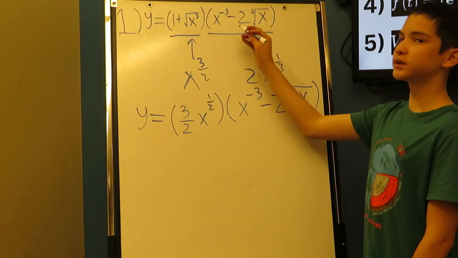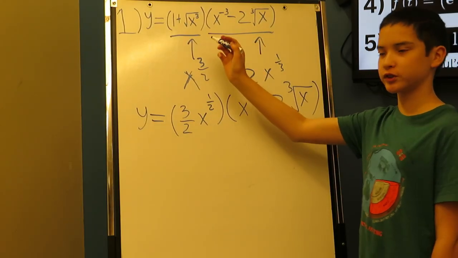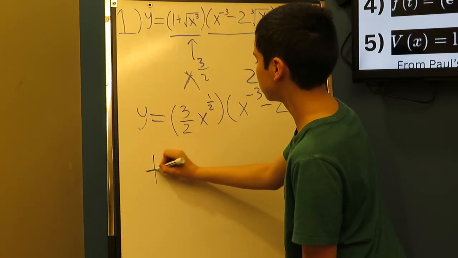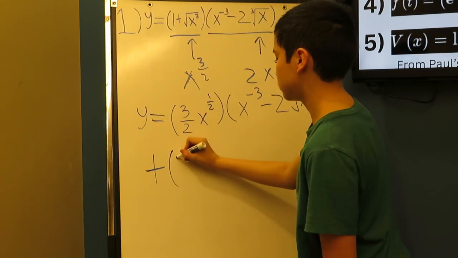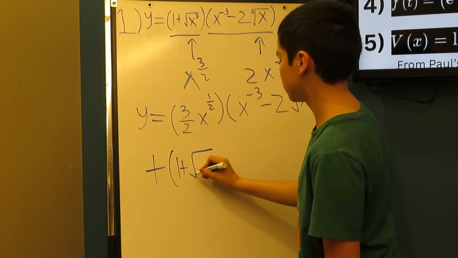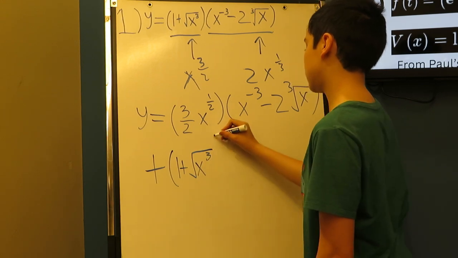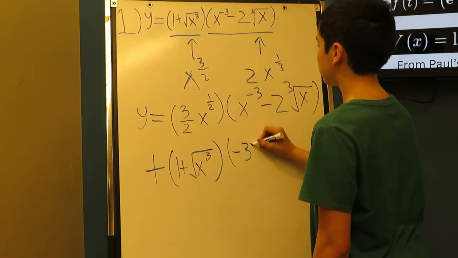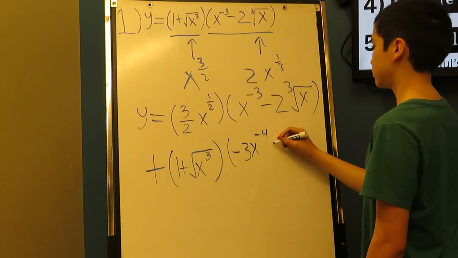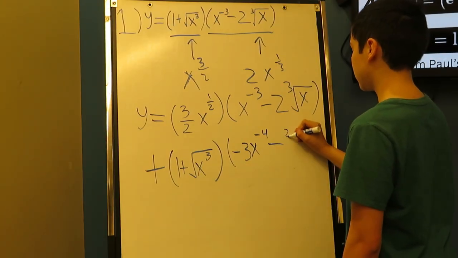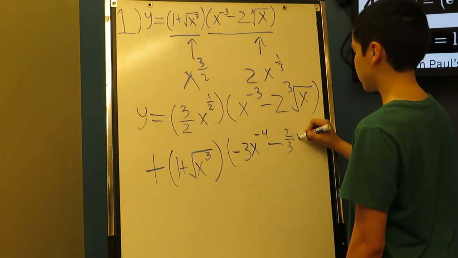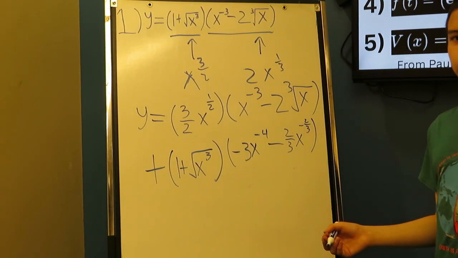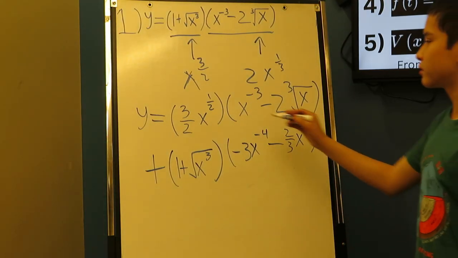Okay, now we'll take the derivative of the second term multiplied by the original first term. Now, this would be our expression.